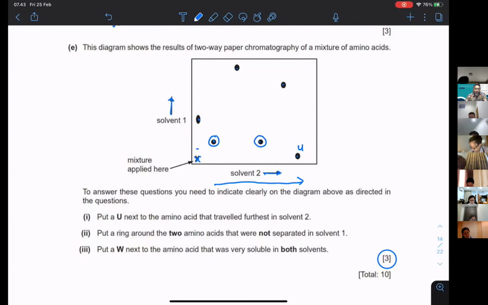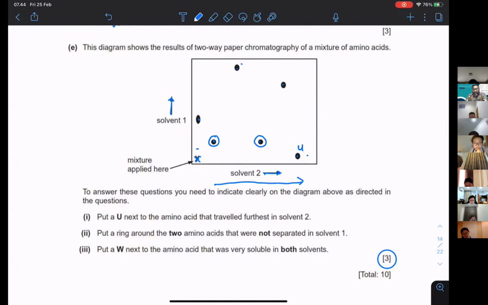Then put a W next to the amino acid that is very soluble in both solvents. Very soluble in solvent 2, maybe U. Very soluble in solvent 1, maybe this one.